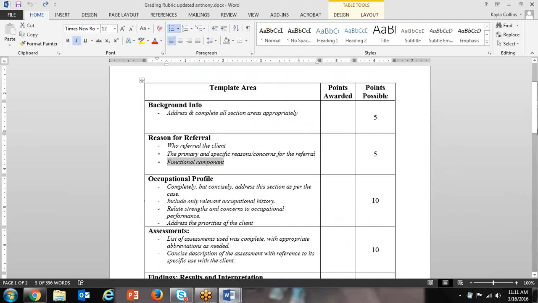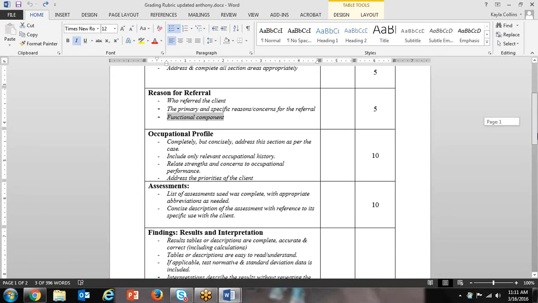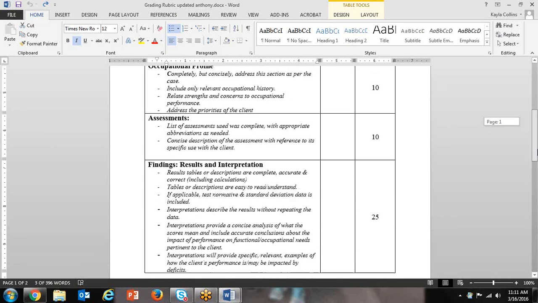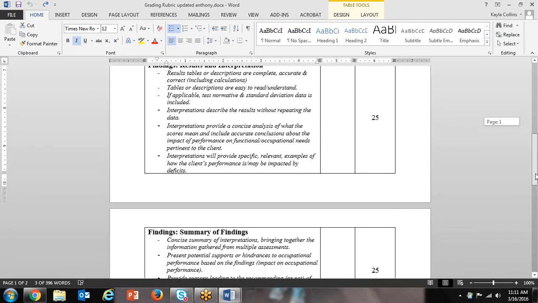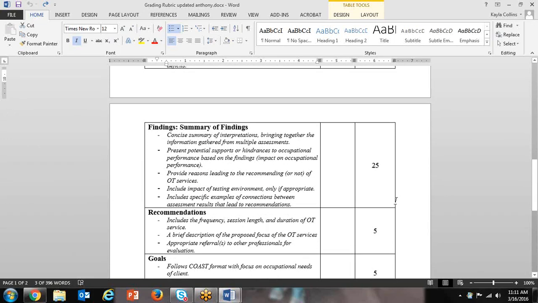Make sure again that you refer back to your grading criteria so that you can see exactly what we're looking for. Make sure that you are doing things like being concise, discussing your reasons leading to the recommendation.